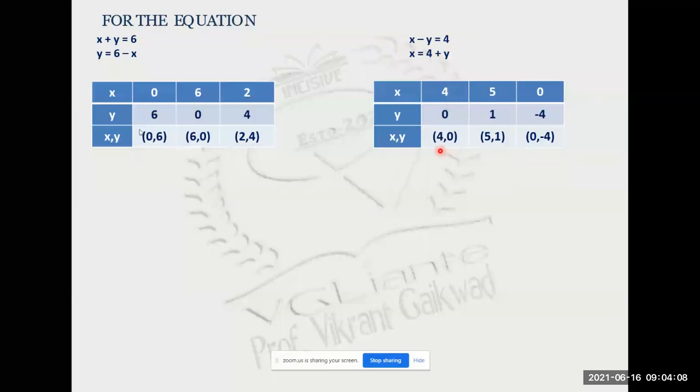When you substitute y as 0, you get x as 4, when you substitute y as 1, you get x as 5, and y as minus 4 gives x as 0. So the coordinates will be 4, 0, 5, 1 and 0, minus 4.